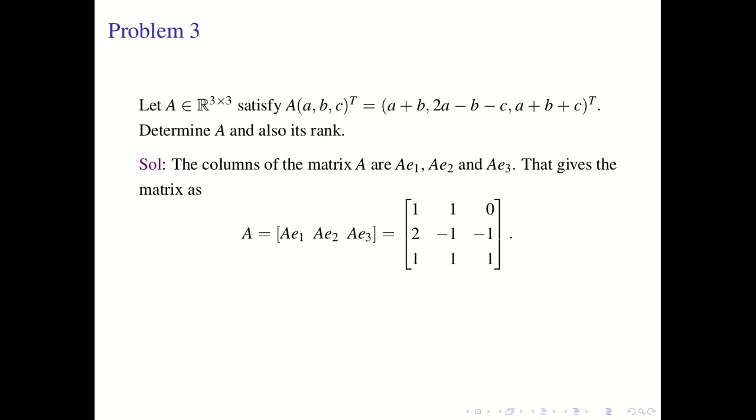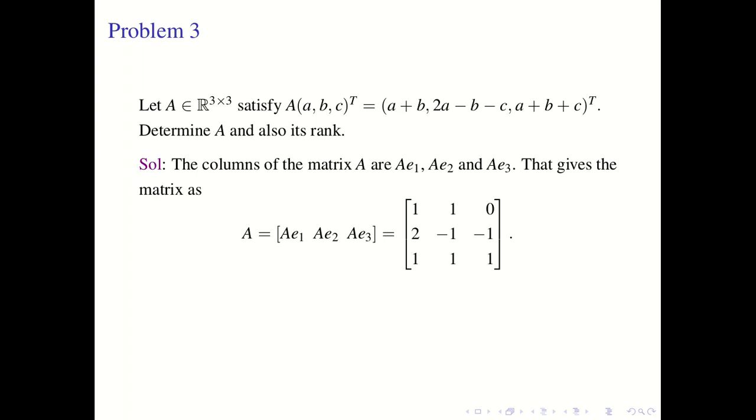So what you get is 1, 2, 1. To get the second column, put a equal to 0, b equal to 1 and c equal to 0. So you get 1, minus 1, 1. Similarly for Ae3 you get 0, minus 1, 1. So therefore A is this.